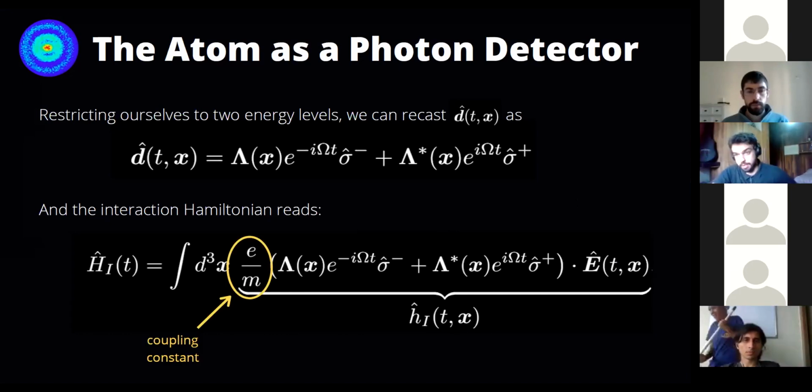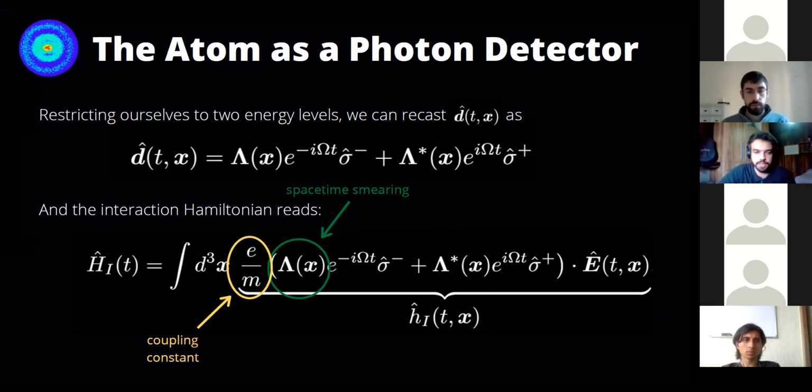First, we see a coupling constant, e, with m equals 1. We see a space-time smearing vector in this case. This is the vector that will define the dipole operator as a vector operator, and we'll take the dot product with the quantum electric field here. And here there is the detector gap. So these are three things that will be present in every particle detector model we'll see.